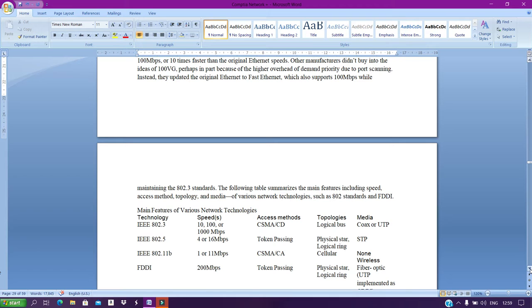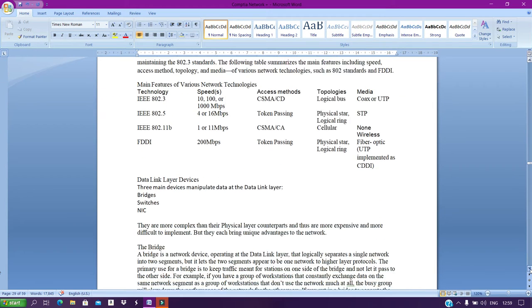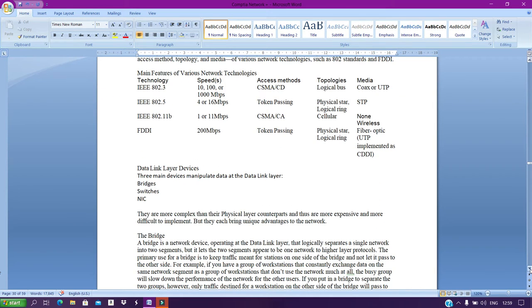The following table summarizes the main features, including speed, access method, topology, and media, of various technologies such as 802 standards and FDDI. Main features of various network technologies: technology, speed, access methods, topologies, media.